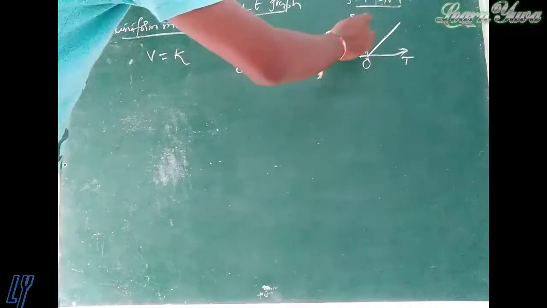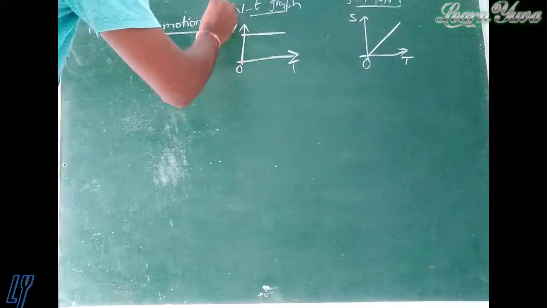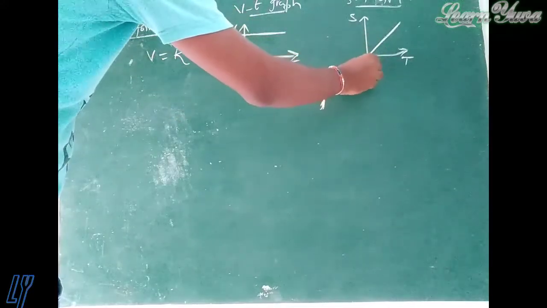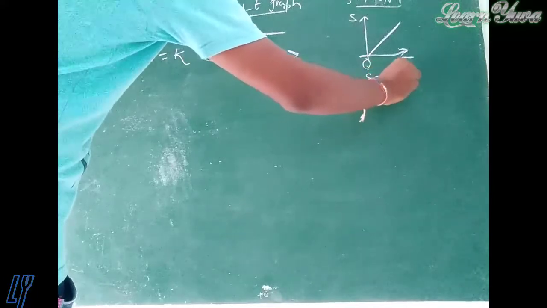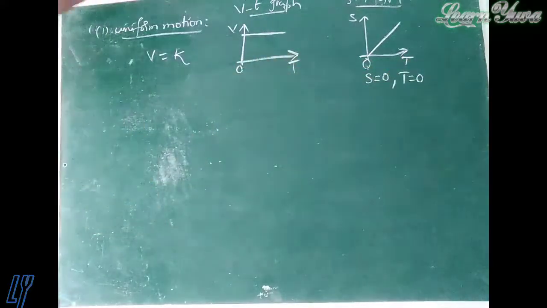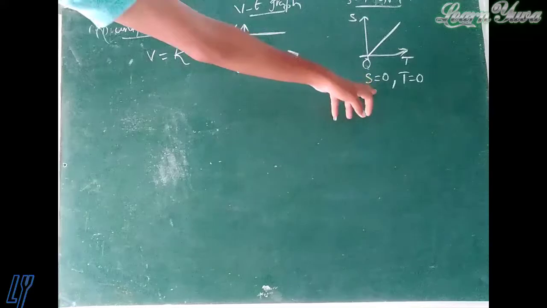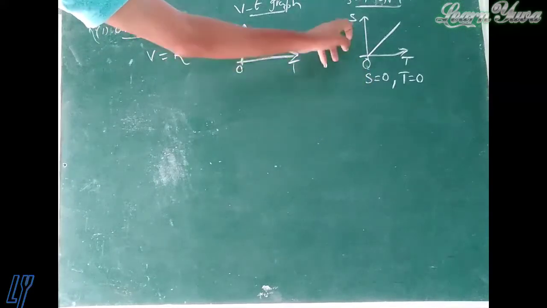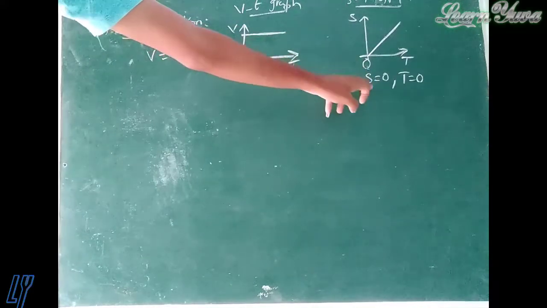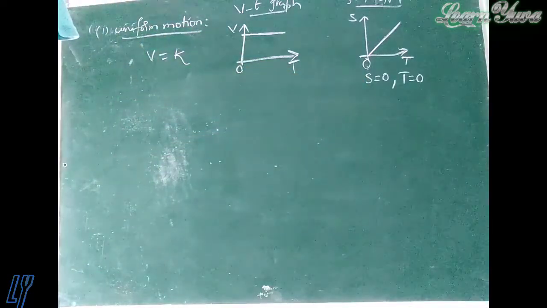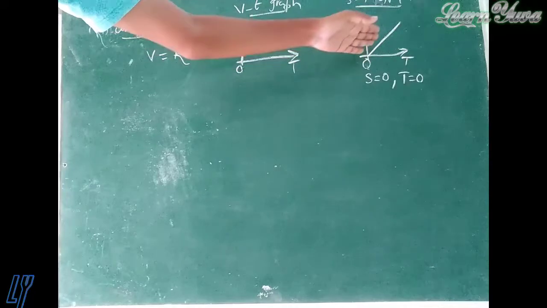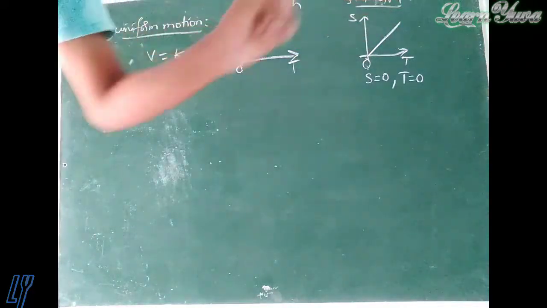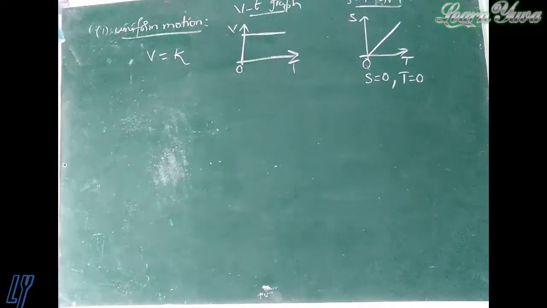At time 0, s is equal to 0, so the distance or displacement traveled by the body is 0. When time increases, the distance traveled goes on increasing, equal to the time.